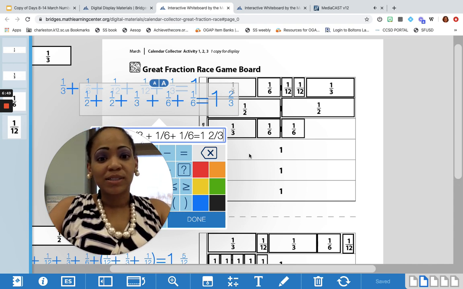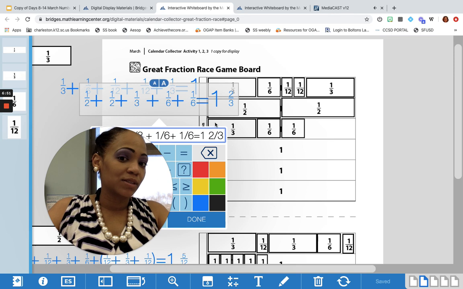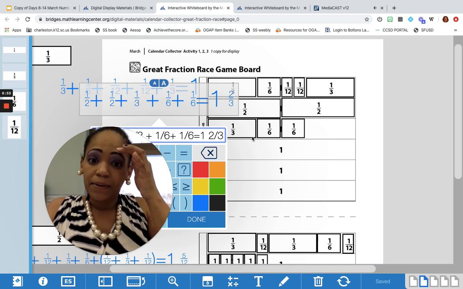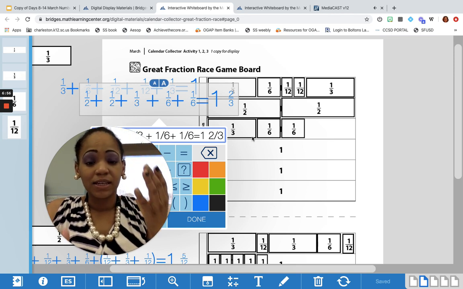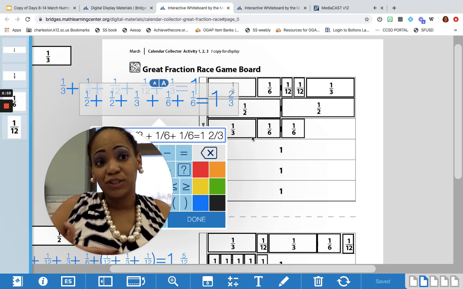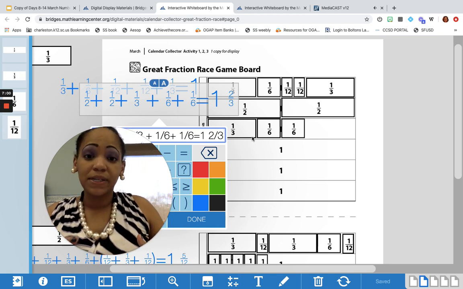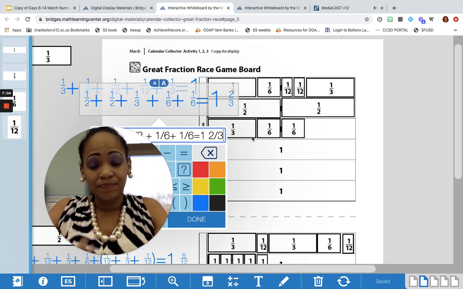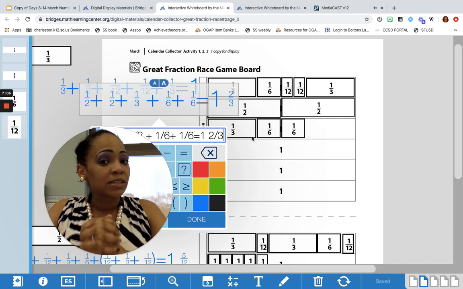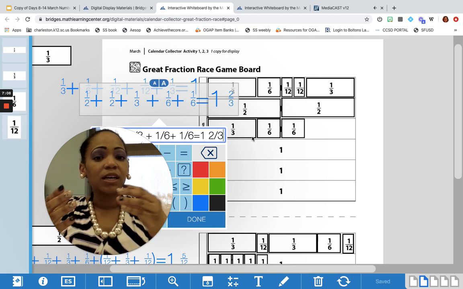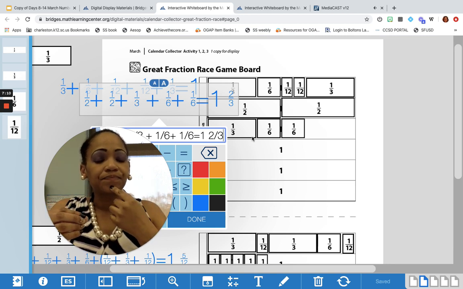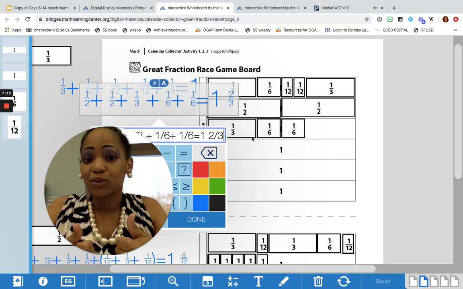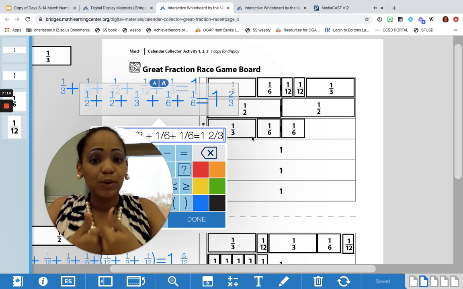I could also say 4/6 because I could put 2 of the 6 pieces on top of this to make equivalent fractions, or fractions with common denominators, in order for me to be able to add them together. So if you got 1 and 4/6, you're right for week 2. If you got 1 and 2/3, you're also correct because those are equivalent.